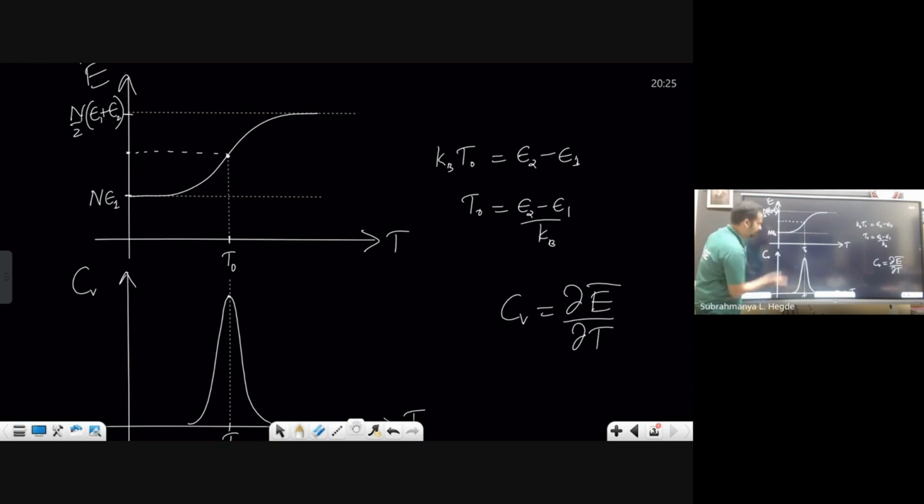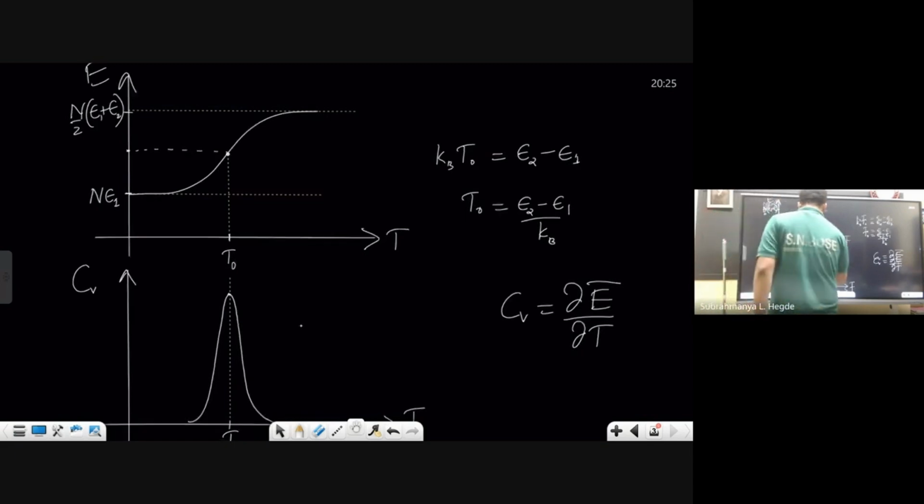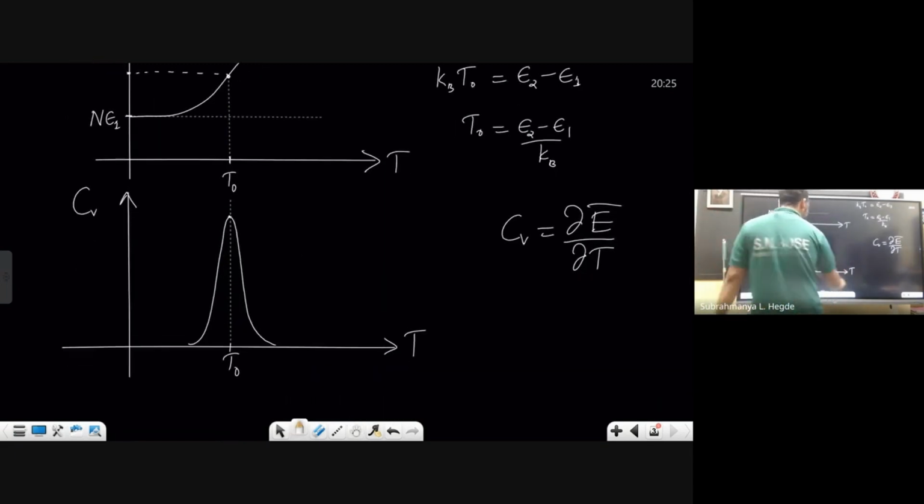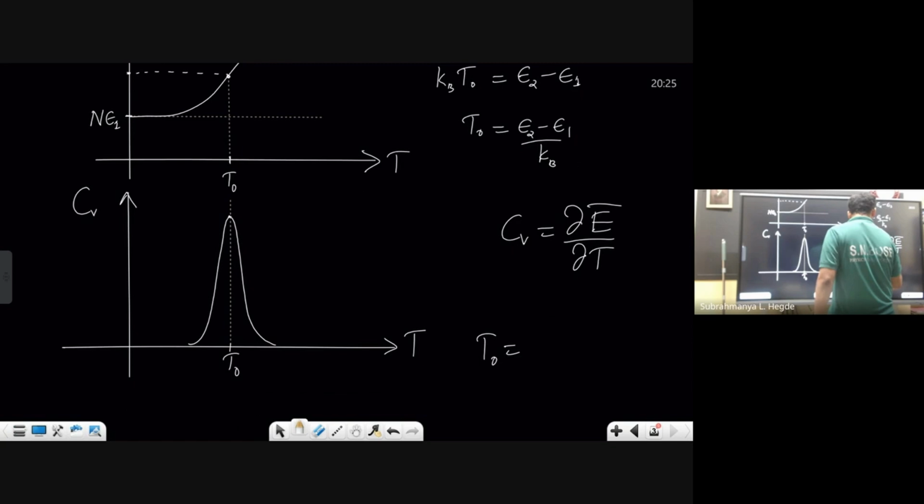Slope is zero, slowly increasing, having maximum value at this point of inflection, then again started decreasing to zero. Heat capacity will be like this. Again at T naught, which is equal to E2 minus E1 by kb, at that value your specific heat has its maximum value.